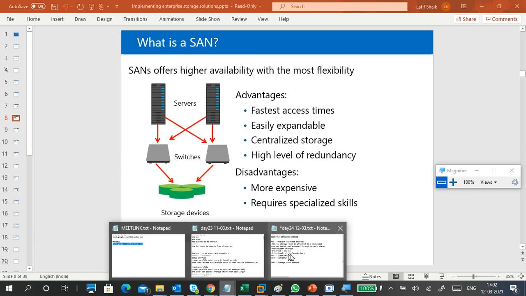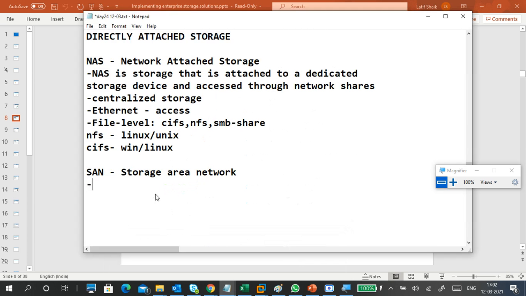So iSCSI is a block level storage. First of all, remember iSCSI is a block level storage.